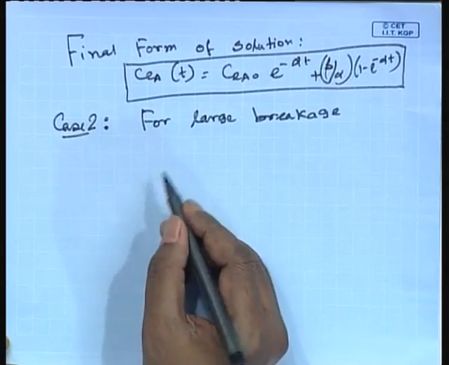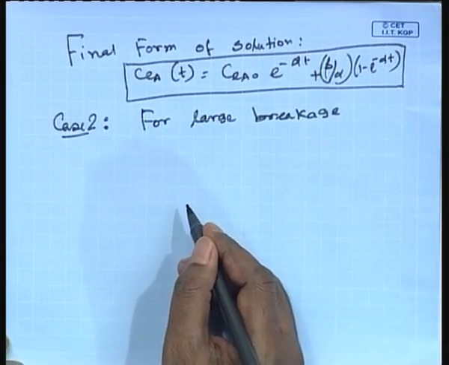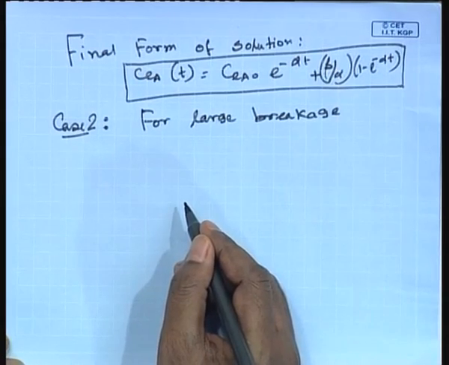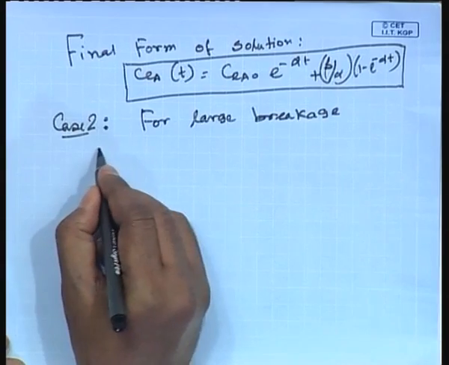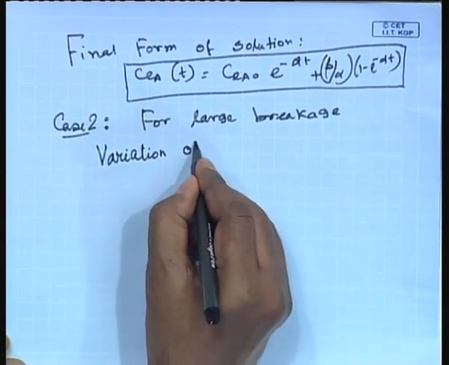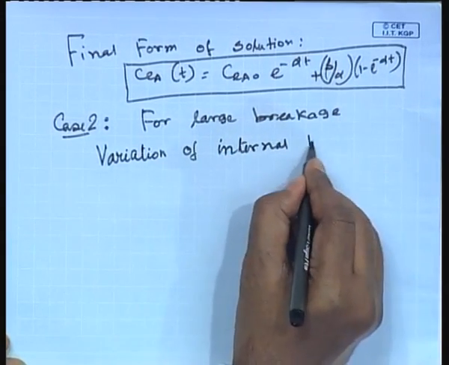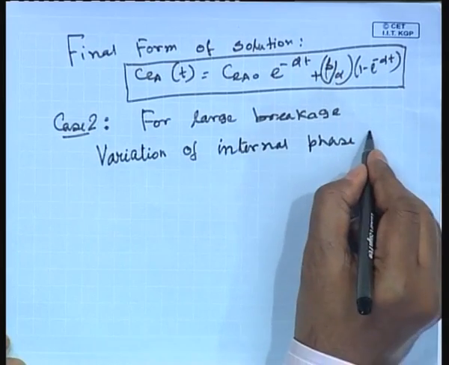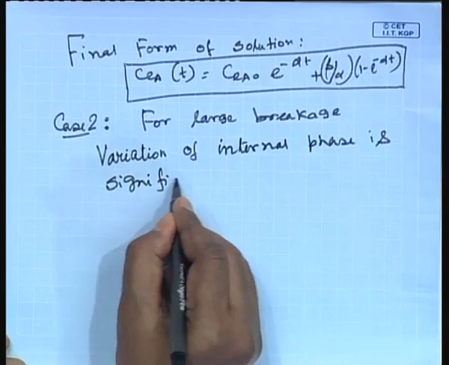Breakage and how the system, the solution, will change. Now, in this case the variation of internal volume becomes significant compared to the earlier case where it was insignificant. So, variation of internal phase is significant.